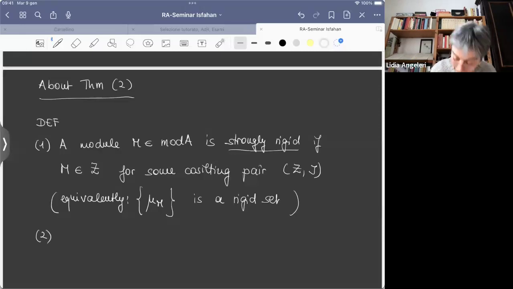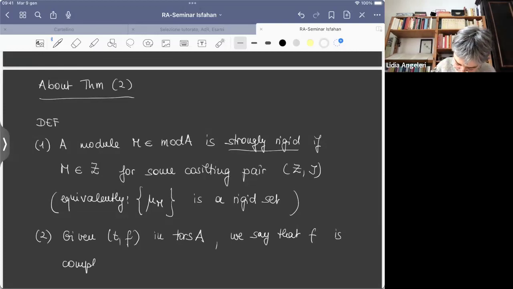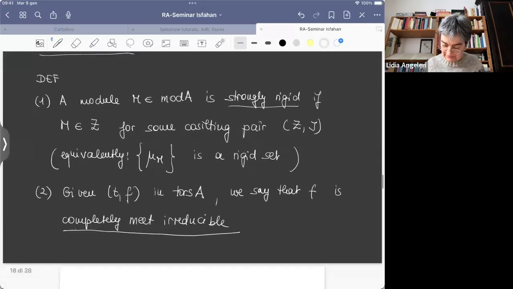Of course, now we are working on the dual side, so we want completely meet irreducible. So let me recall what this means. If we have a torsion pair, we say that F is completely meet irreducible if it can't be written as a meet of strictly larger torsion classes.